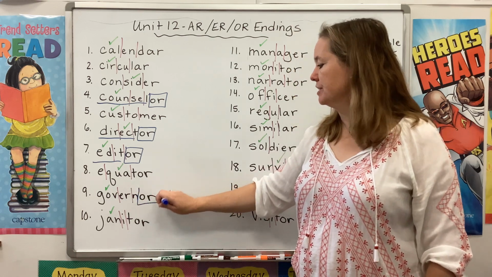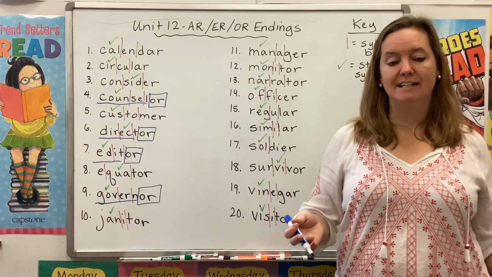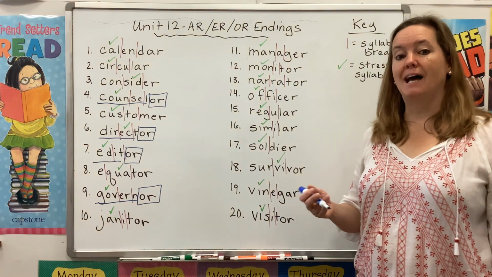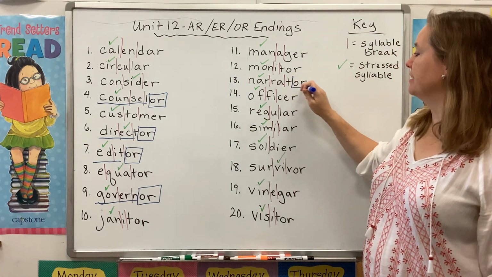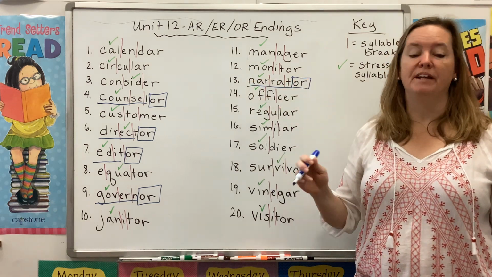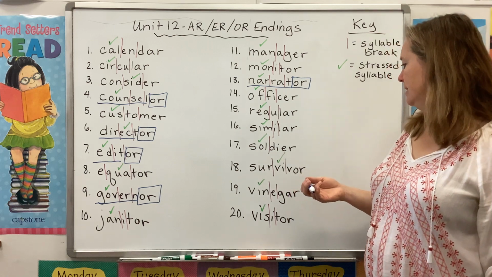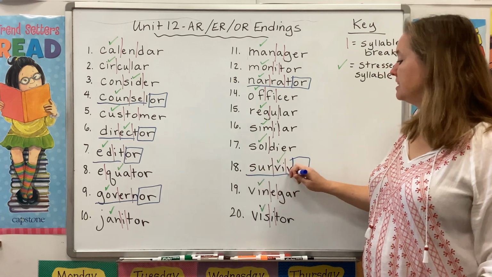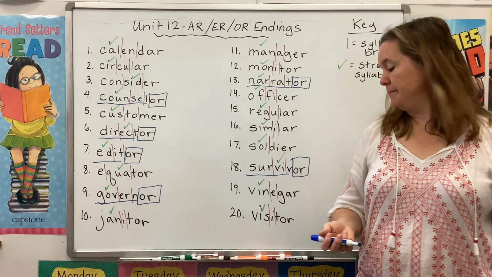A governor is a person who governs a state. They make sure that the rules in that state are being followed. A narrator is a person who narrates a story or narrates a movie. They tell you what's happening. A survivor is a person who survives a life or death situation.